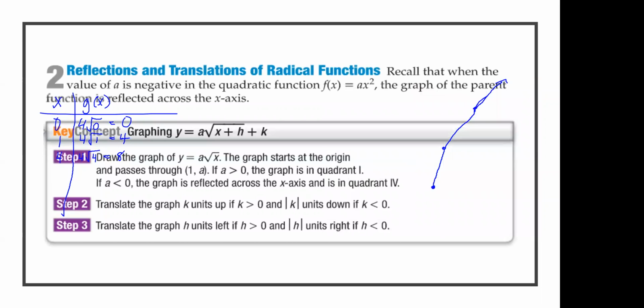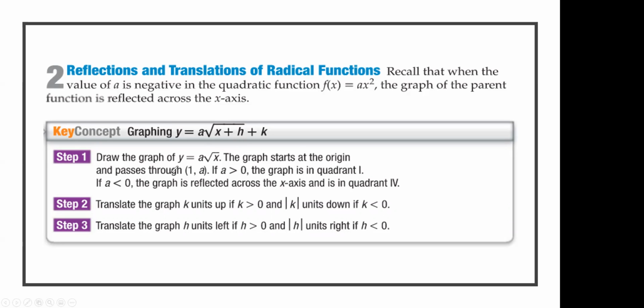Okay, so then it talks about reflections and translations of radical functions. Remember, just like with parabolas, they can move left or right, they can move up or down, or they can be reflected over the x-axis. So it says here, draw the graph of y equals a times the square root of x.